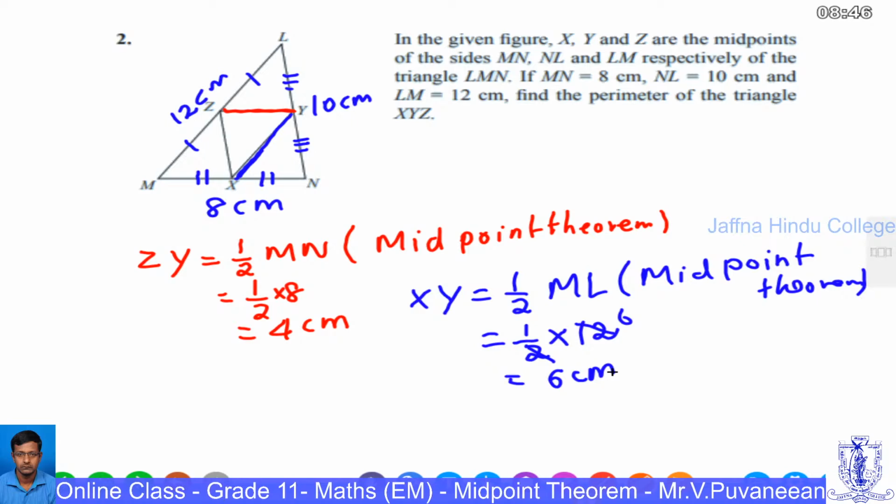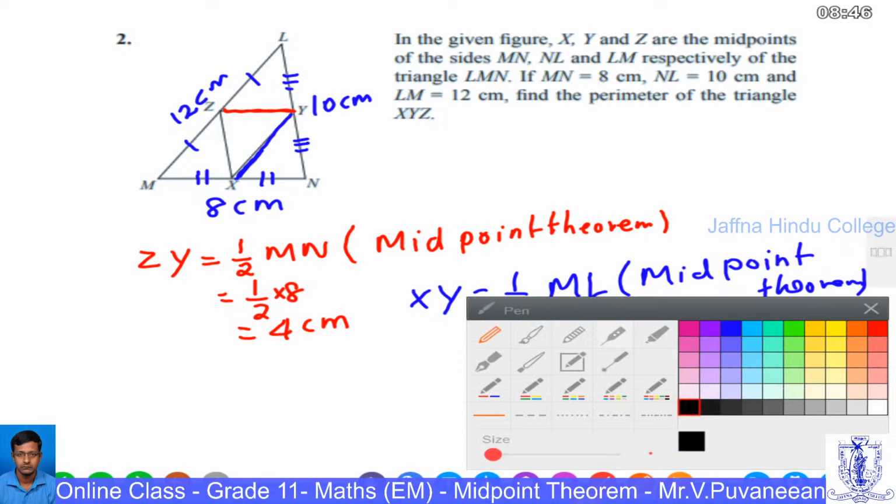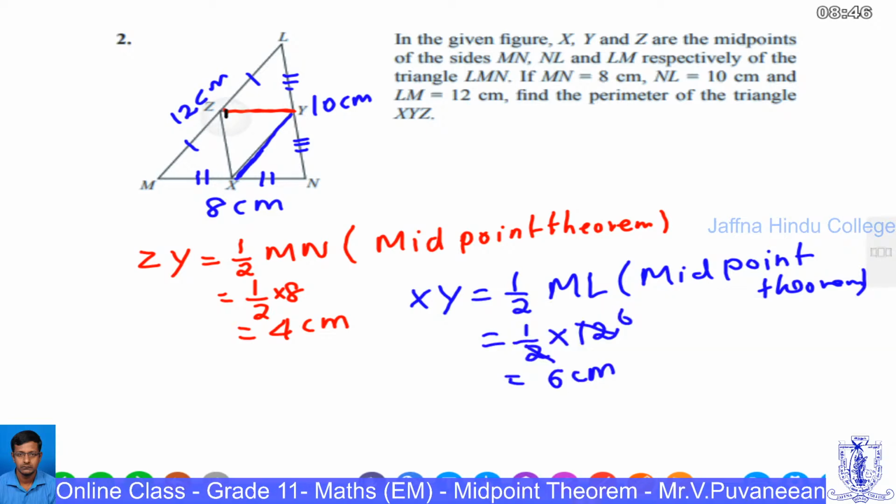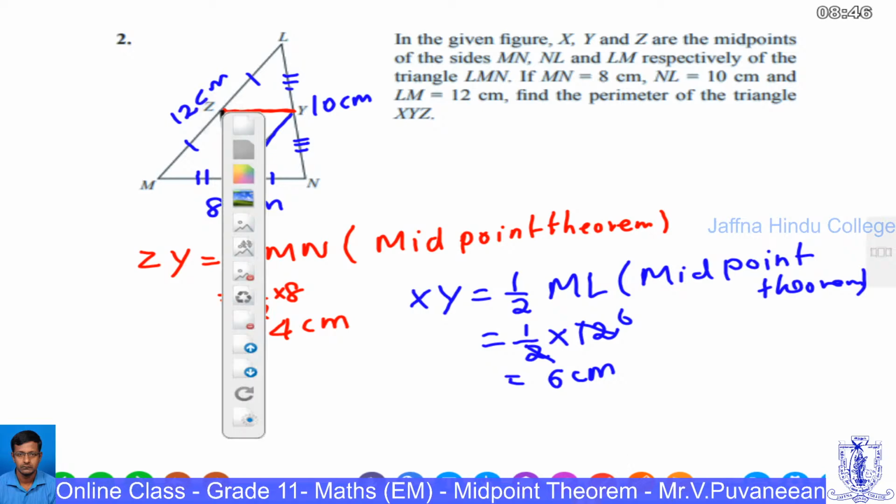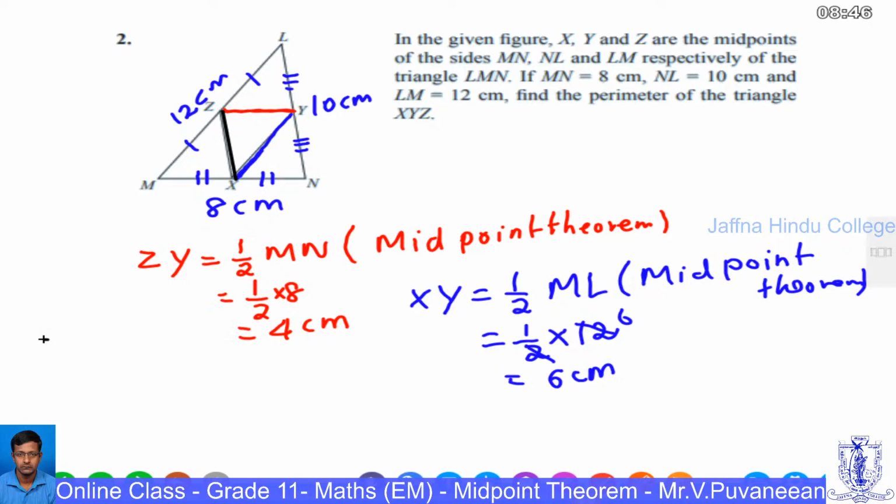Another side, XZ, has to be found. XZ equals half of LN.